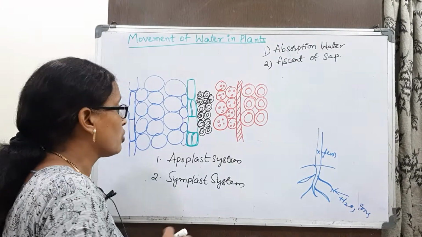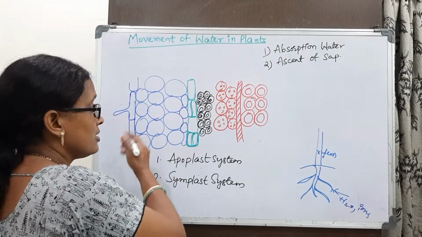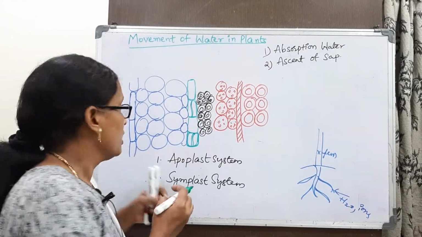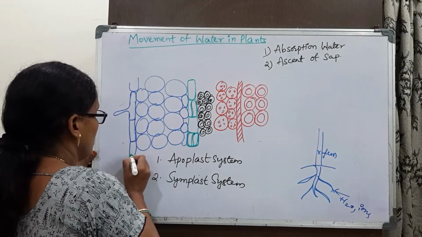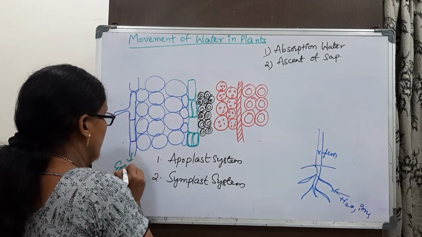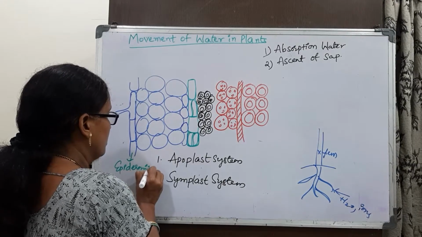For that, we are going to recollect once again the internal structure of the root. We have the root's outermost layer, that is the epidermis. This is the cortex region.